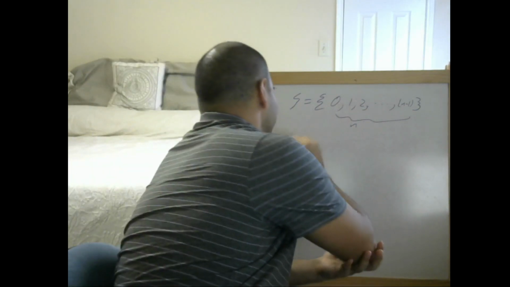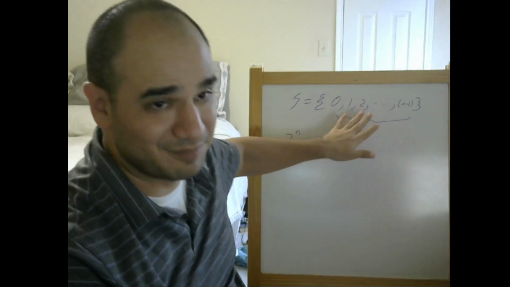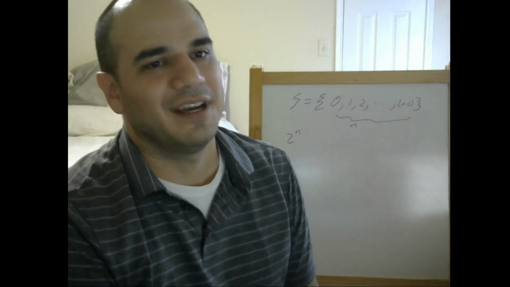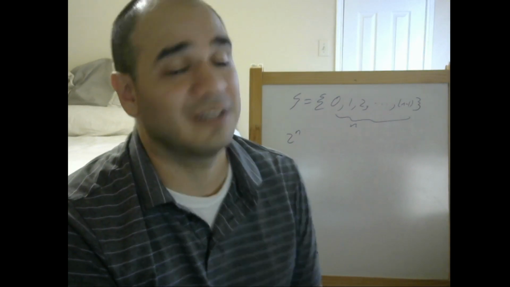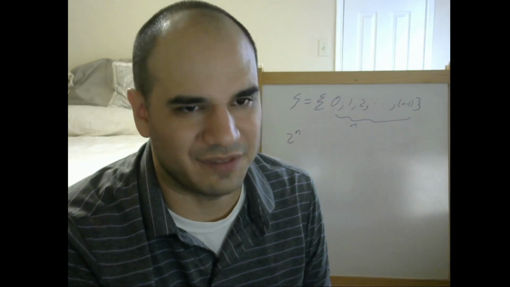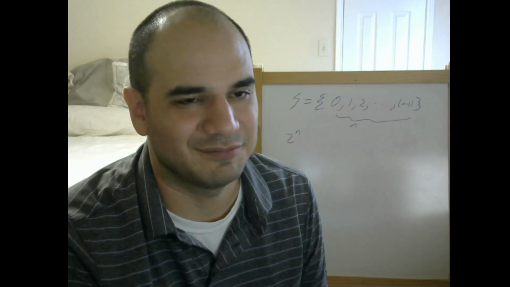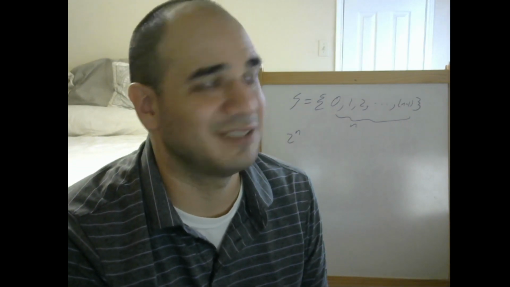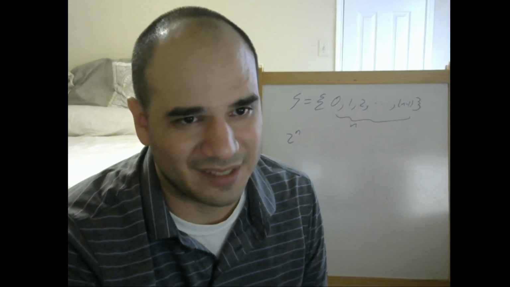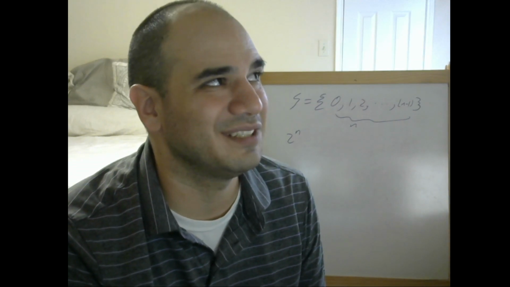Right? So there's 2 to the n possible subsets here. Okay, so what if we want to consider a particular class of subsets? So we've narrowed it down, and we want to consider now relationships.